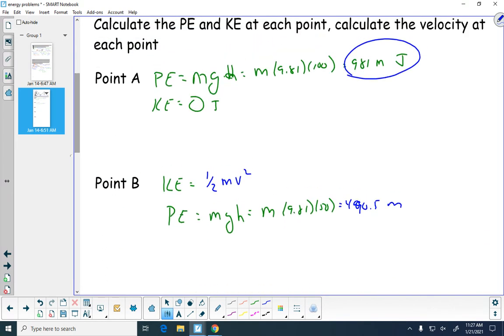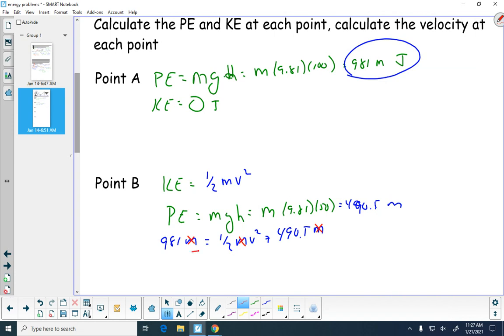So this 981 M joules initially has to equal 1/2 mv squared plus 490.5 M joules there. Now what we can see is this mass can be divided out.